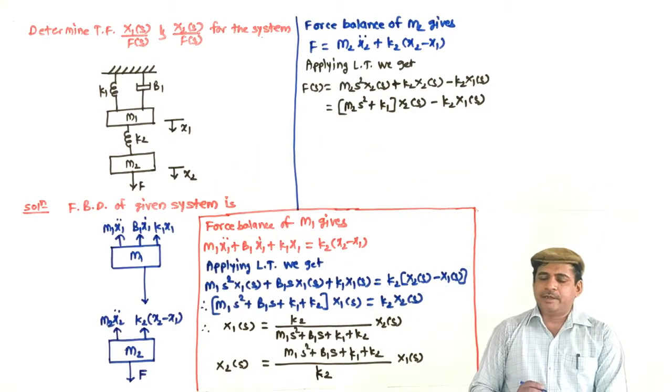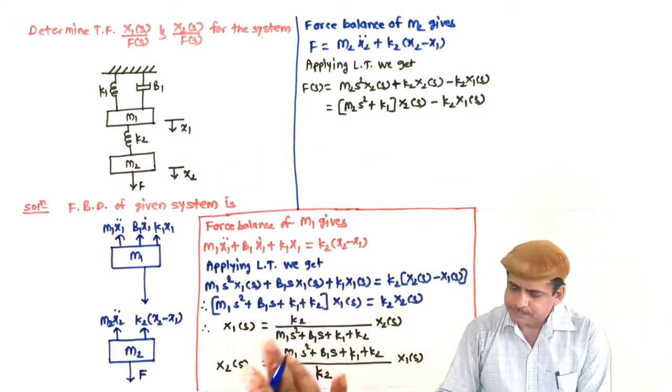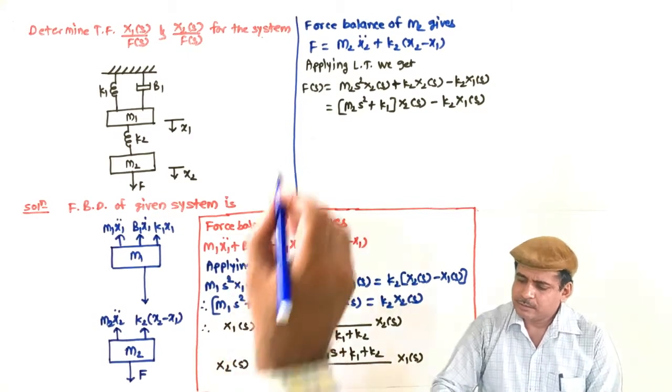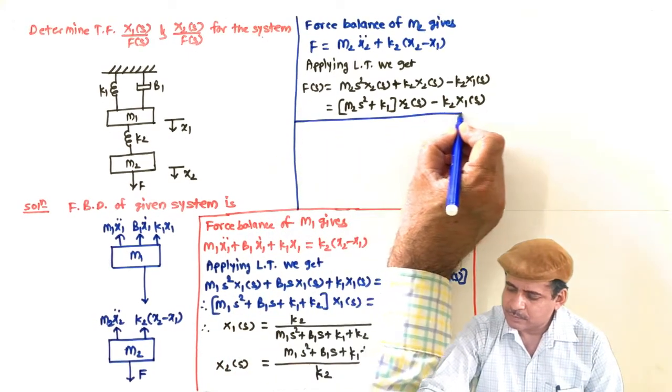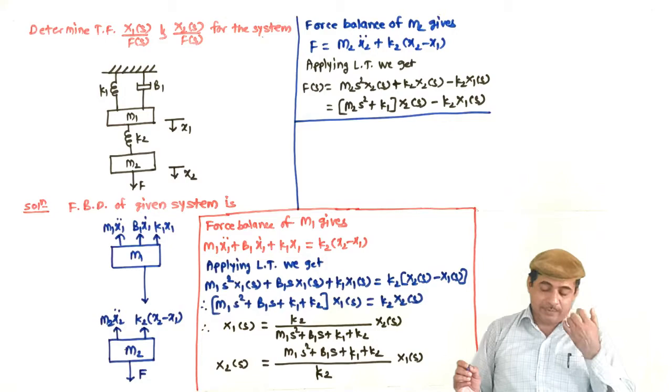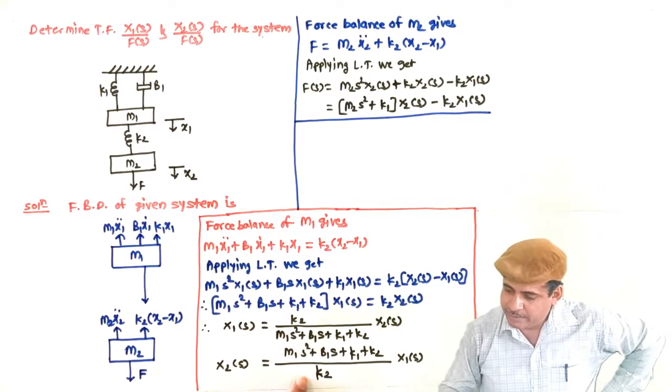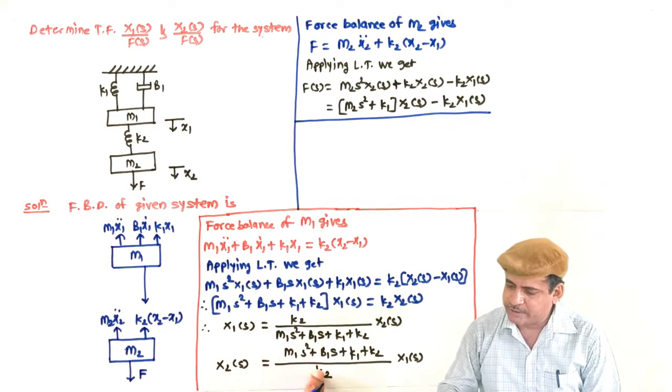Now what do I want to get? I want to get x1 by F. So for x1 by F, I need to replace x2 with this.